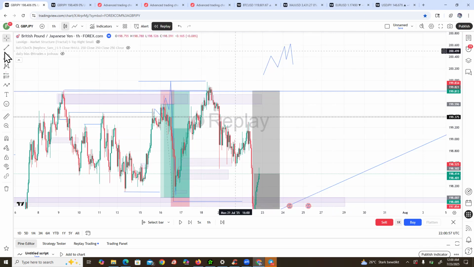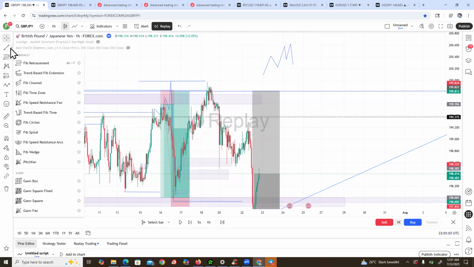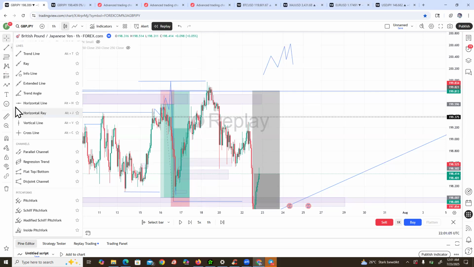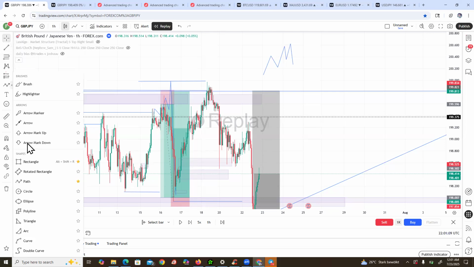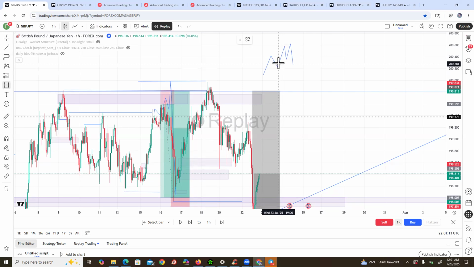So now, there is another block here. There's definitely going to be another block here, because it's the order block that led to the break of structure to the upside.